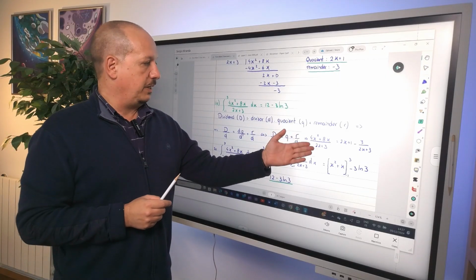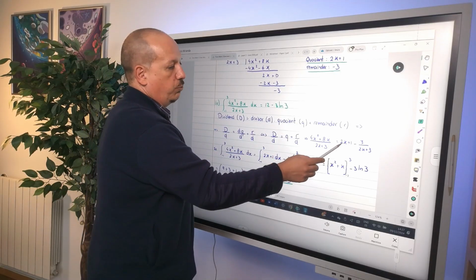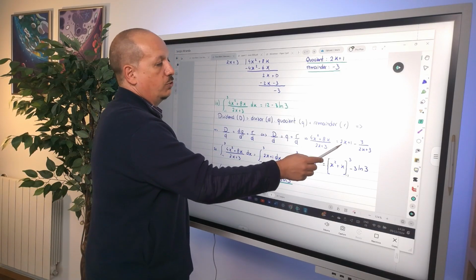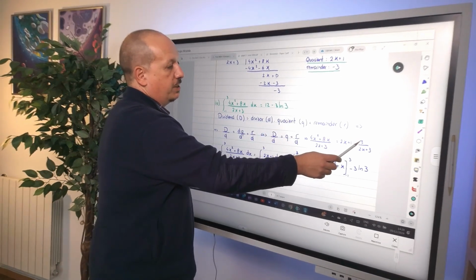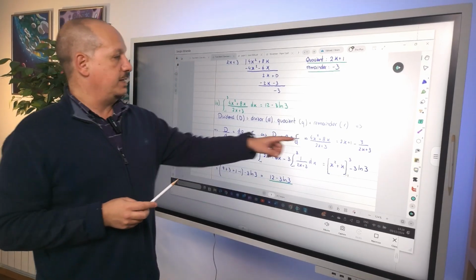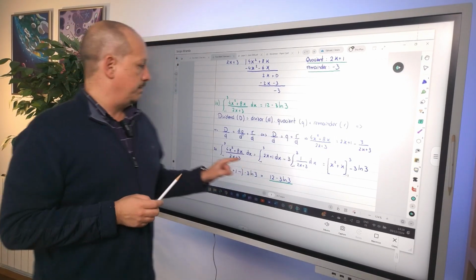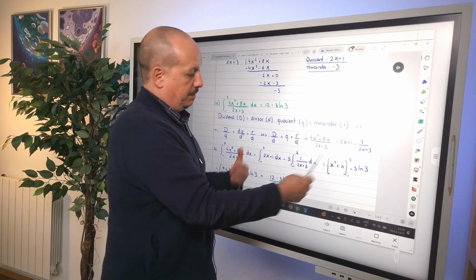Substituting with the values in question over here, the expression that you start with is going to be equal to the quotient, 2x plus 1, plus the remainder, which is -3, divided by the divisor, which is 2x plus 3. So instead of integrating this, we integrate that. We can separate it.